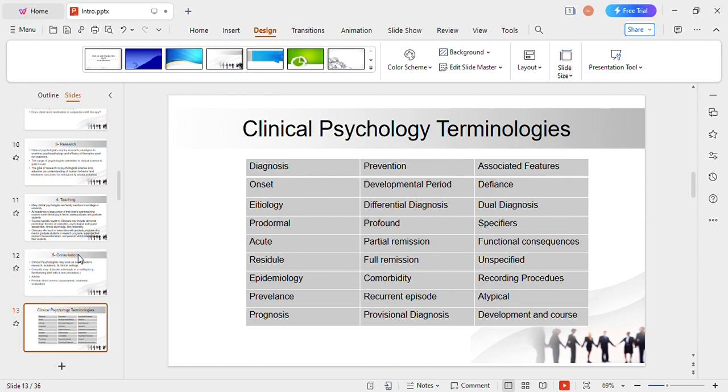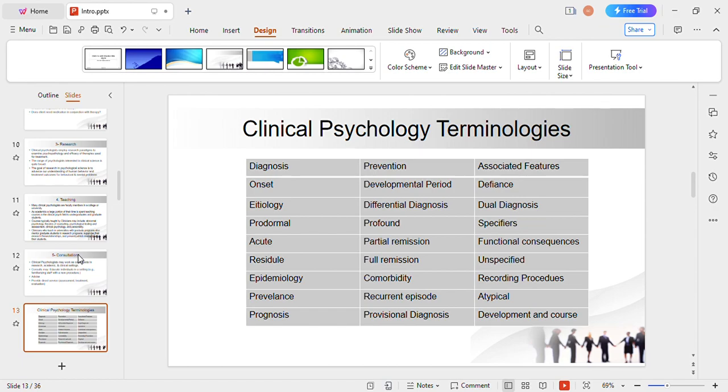For example, if a person is suffering from bipolar disorder and I do not have definite information that it is bipolar disorder or maybe it is something else, so I can give a provisional diagnosis to make it a temporary diagnosis.